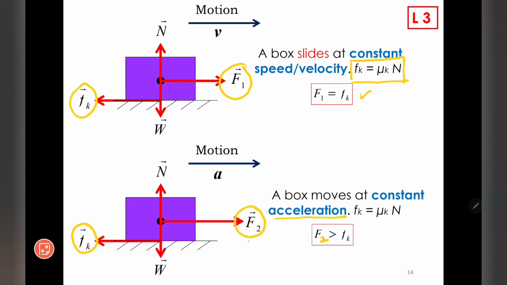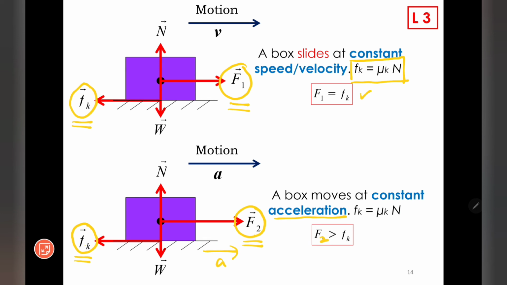Why? Because when F2 is greater than Fk, the object may accelerate. The force directed to the right is greater than the force directed to the left. They are not balanced, isn't it? So the object may accelerate to the right with acceleration a. According to the first example given before, F1 and Fk are equal to each other, so they are just in balance. There is no net force, so the object doesn't accelerate.